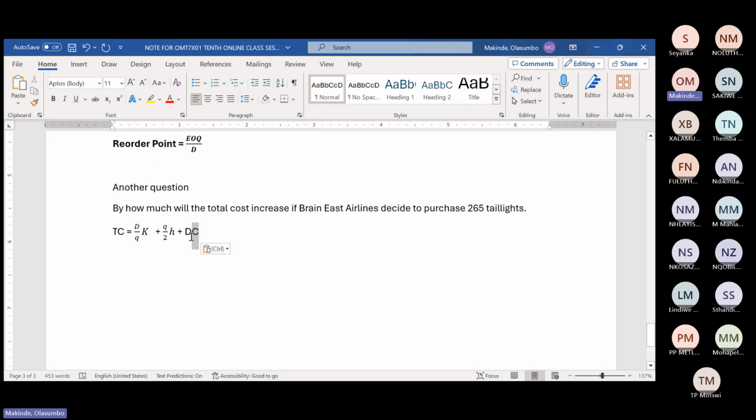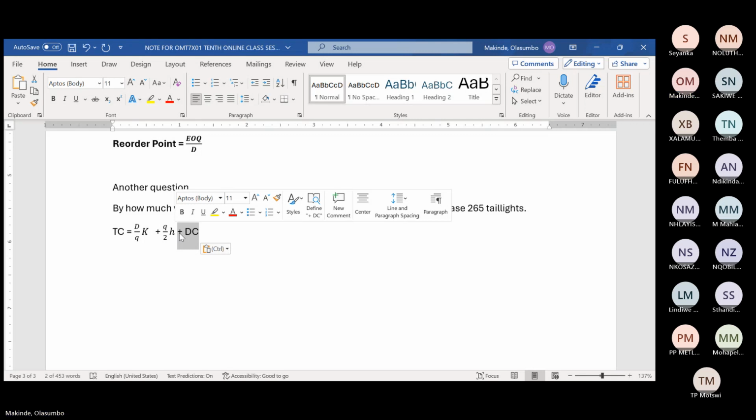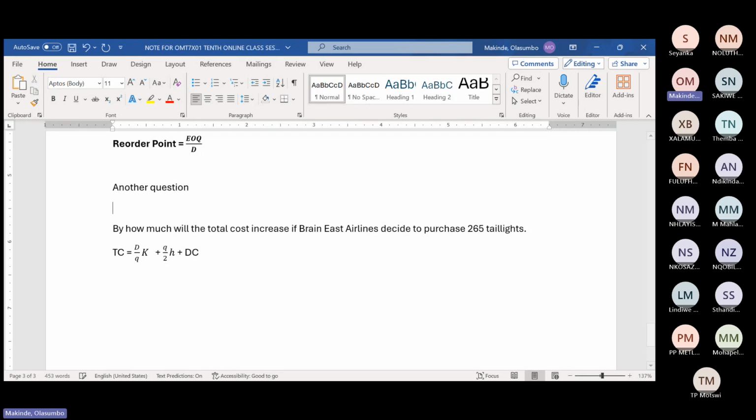So you remember I told you DC doesn't have an effect, because even if you include it, it's still fine. Let me just ask this first question. This is also another question you could be asked: what is the total cost at the economic order quantity?